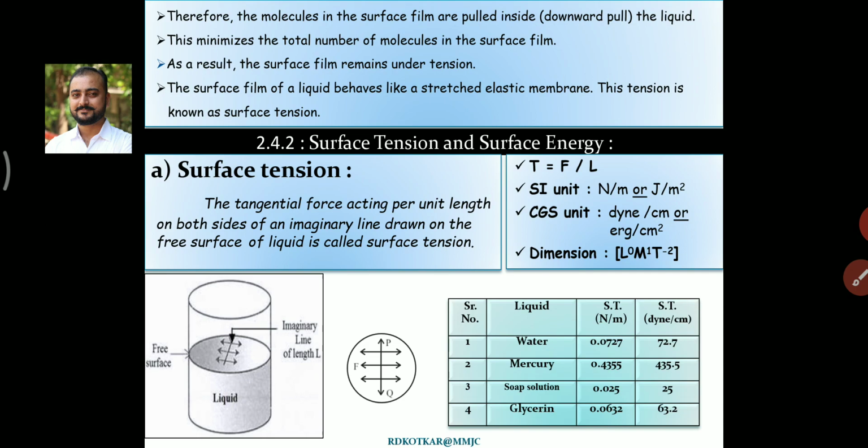Like this, you have to observe the numbers and conclude which one has the greater value of surface tension and which one has the lower value. In this chart we can see that the soap solution has a very low value of surface tension, while mercury has a greater value, in both CGS as well as SI units.